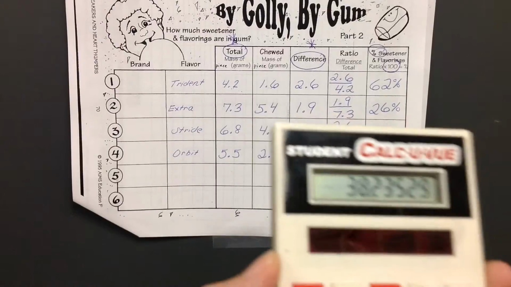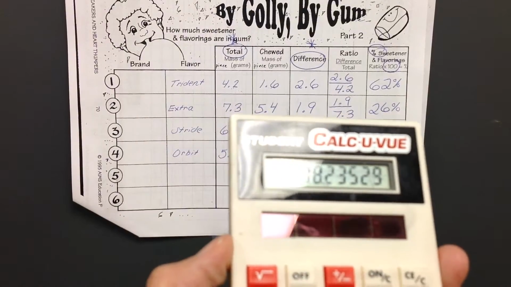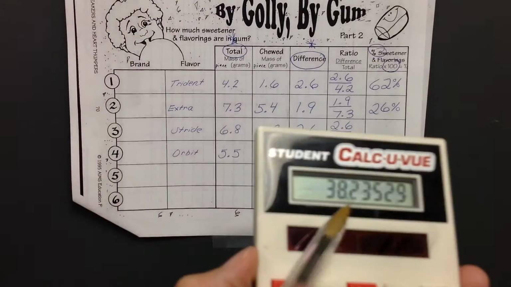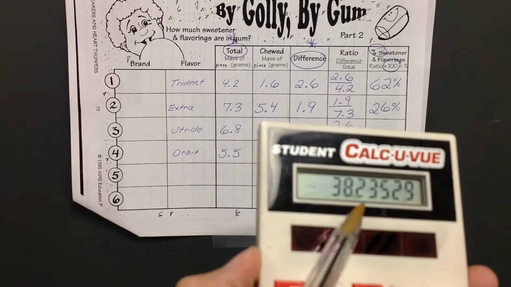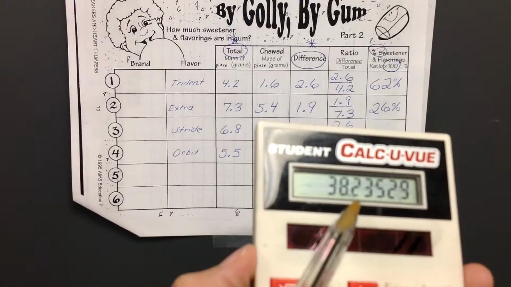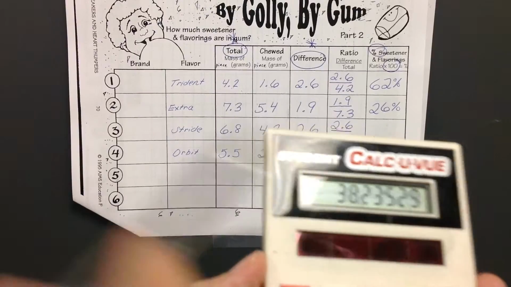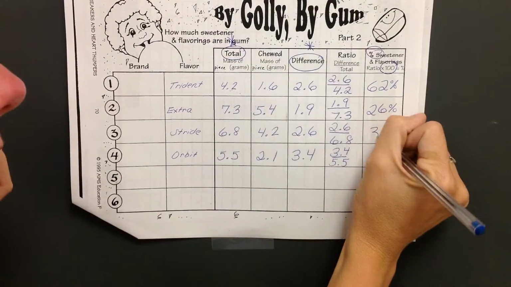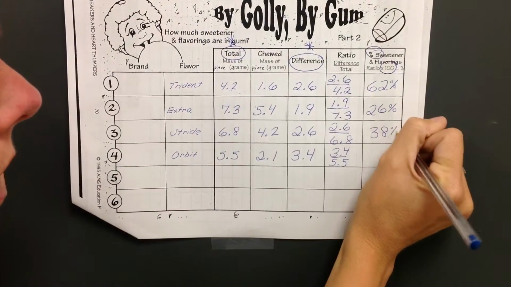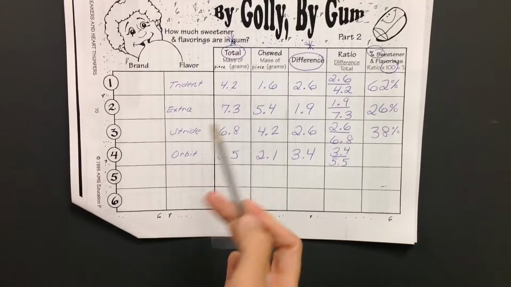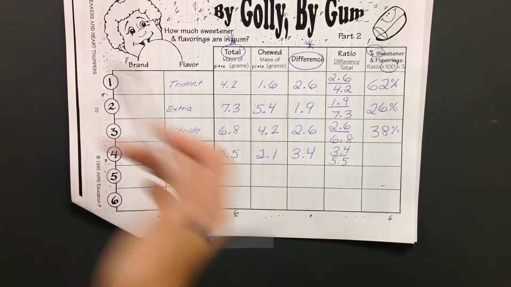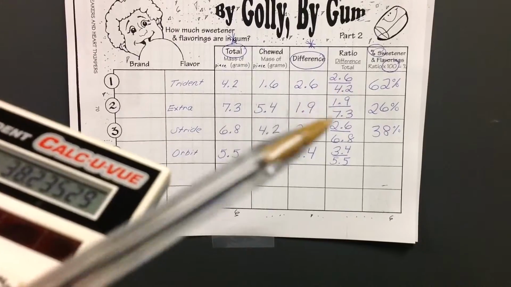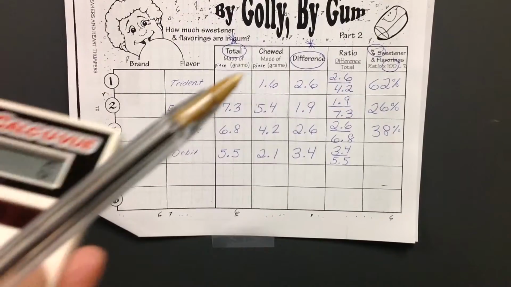I get 38.2. I do not need to round up there. I'm going to look at that 2, which is one place after the decimal, my tenths position. Since it's less than 5, don't round up. 38%. Okay, so the gum decreased by 38% here, or 38% with sweeteners and flavorings, you could say.